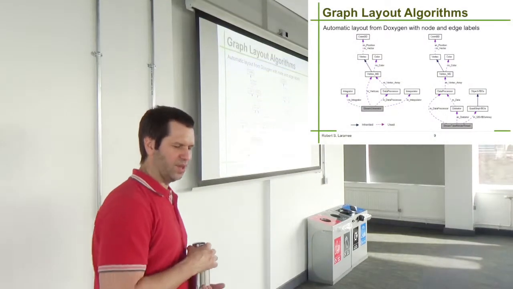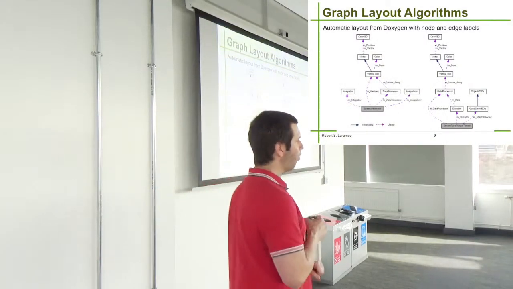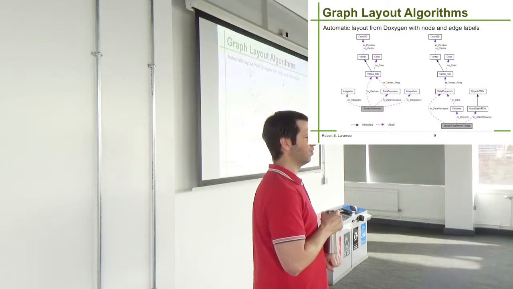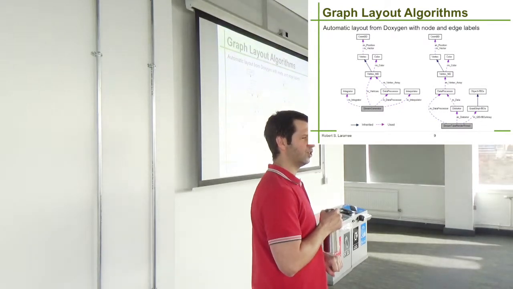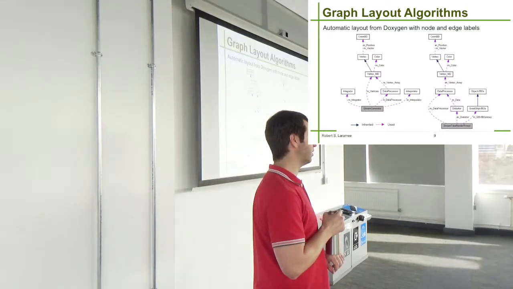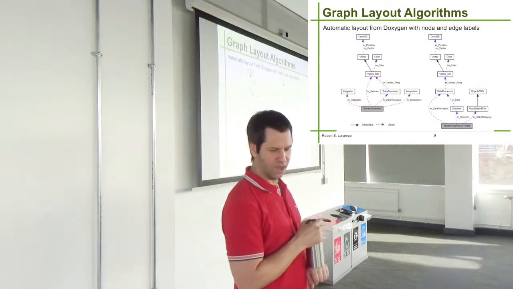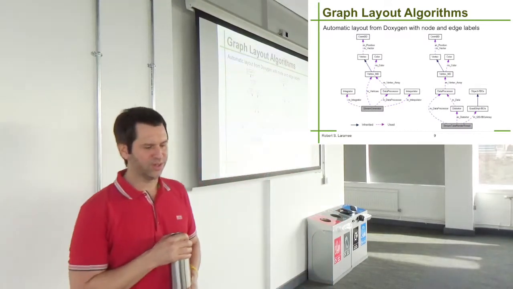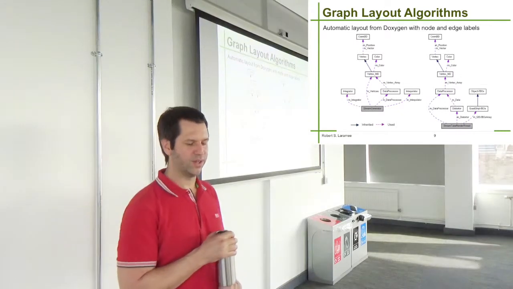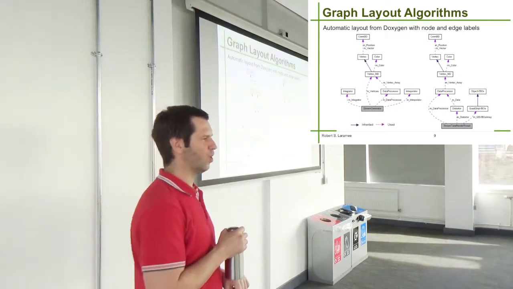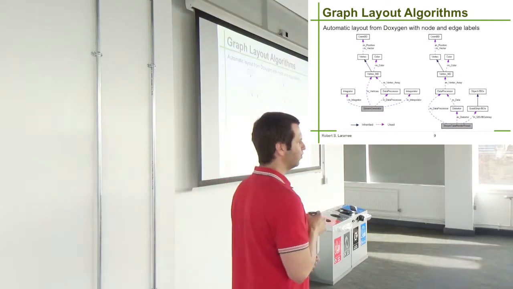This one is another graph layout algorithm that hopefully a lot of you have seen before. It's featured in Doxygen. In Doxygen, you can generate graphs in your software automatically. Now, when I look at that automatically generated Doxygen diagram, I'm shocked.